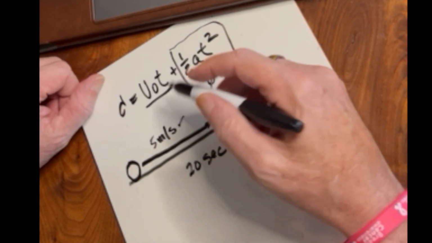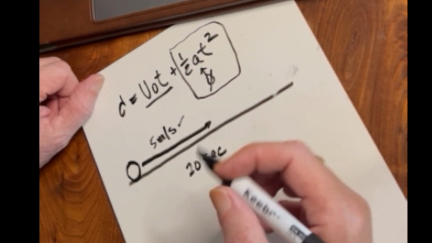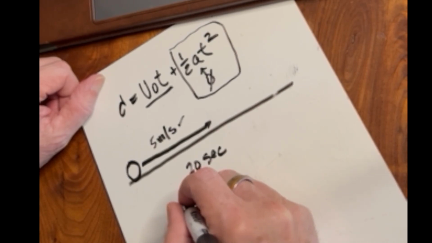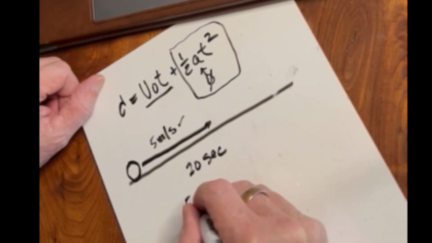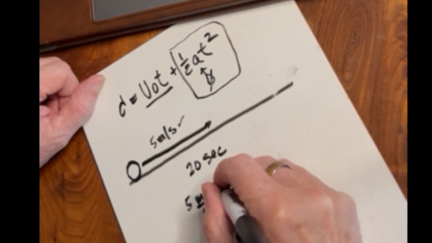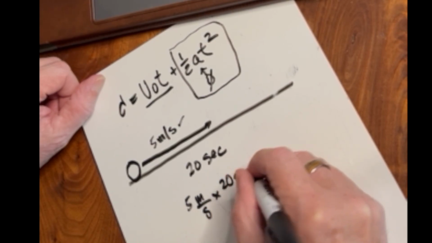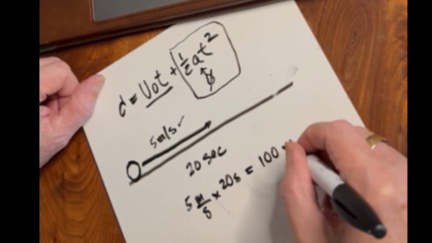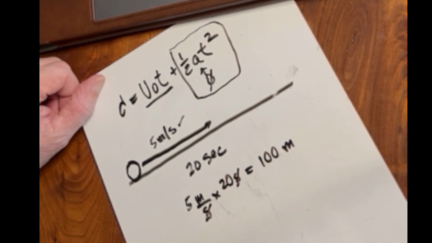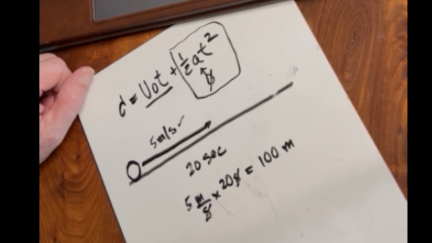And the time is 20 seconds. So it's a rather simple equation to say that 5 meters per second times 20 seconds equals 100 meters. Notice that the seconds cancel out, and we're just left with the term meters in the answer. And really, that's all there is.